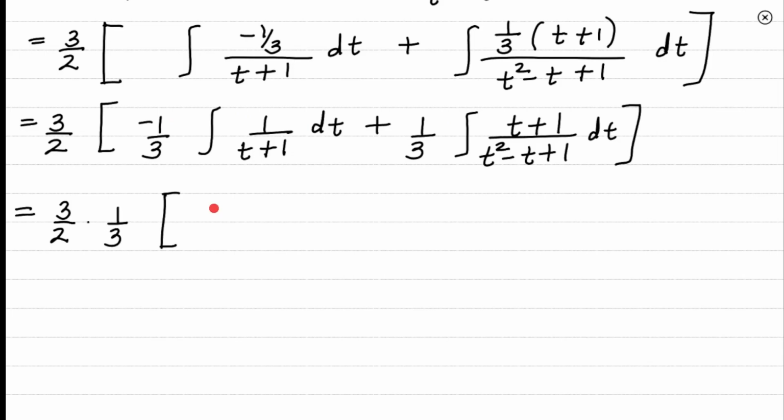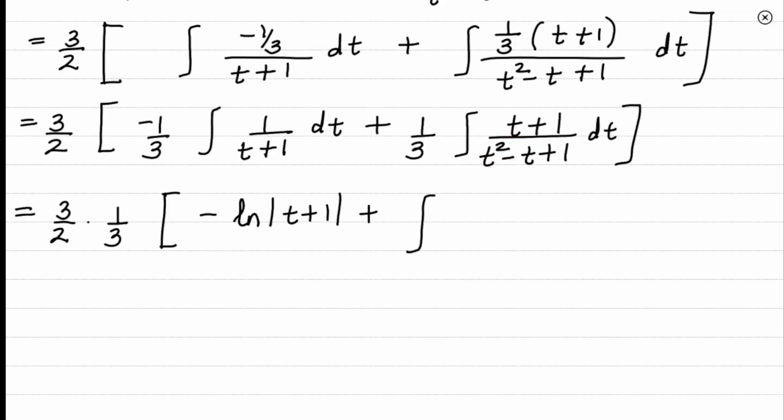Inside of the bracket you have minus integral of 1 over t plus 1, which is ln mod t plus 1, plus you have integral of, now remember, whenever you want to integrate a linear expression divided by a quadratic expression, you have to try to adjust the differentiation of this quadratic term in the numerator. Now differentiation of this is nothing but 2t minus 1. Now this t is already present, you just need that 2 here in order to have that differentiation.